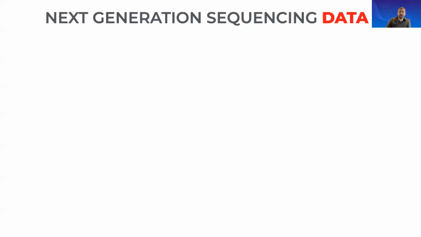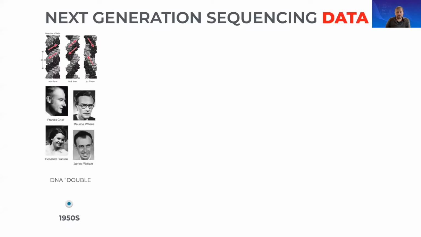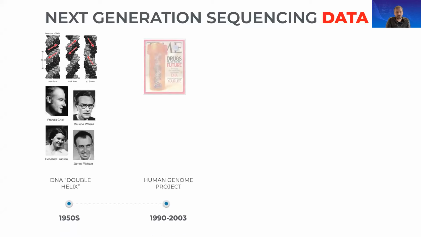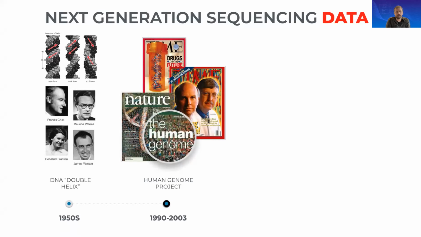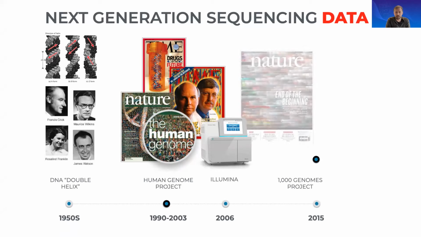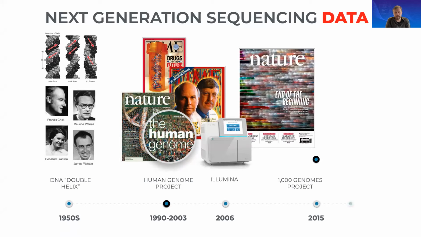And to begin speaking about this, let's briefly talk about next generation sequencing. So the structure of DNA was described in the 1950s, and then over the course of the next several decades, this rapid pace of technology development led to cheaper sequencing and an abundance of data that could be analyzed.